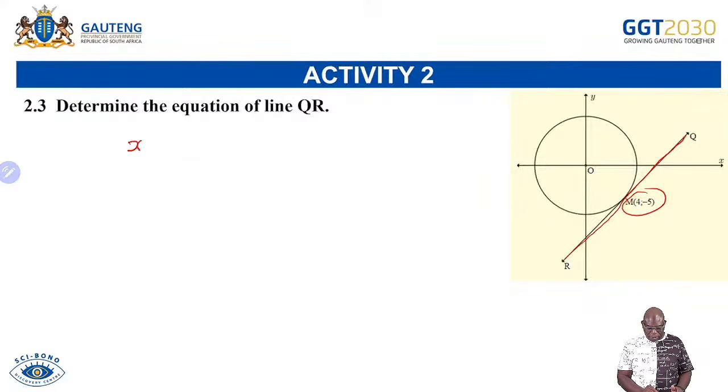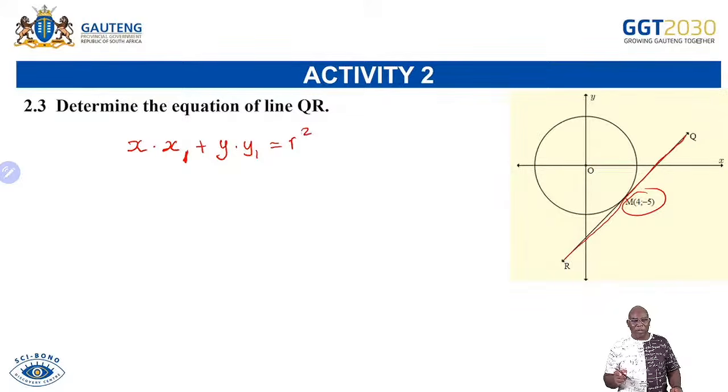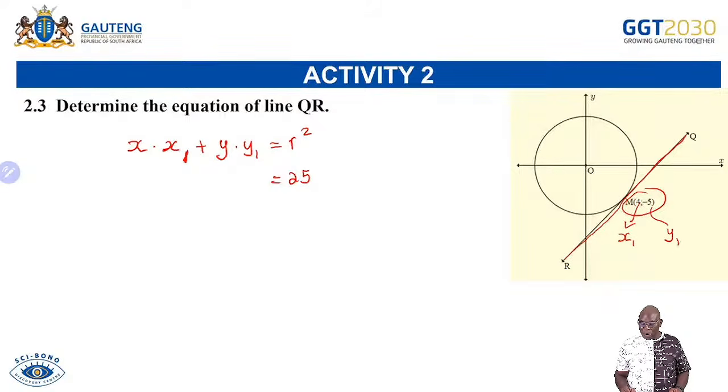It will say x multiplied by x1 plus y times y1 equals r squared. Already I have the r squared. So my r squared is going to be 25. Then this value here will be my x1. That value there will be my y1.